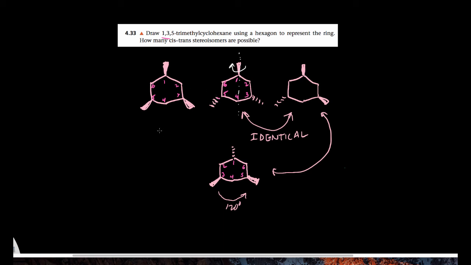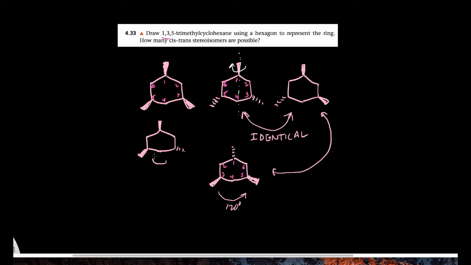Now, we could do the same thing. We could start with any one of these and let's make this one coming out, but this one going back, and this one coming out or going back. Let's just have it coming out. Again, it's the same thing.